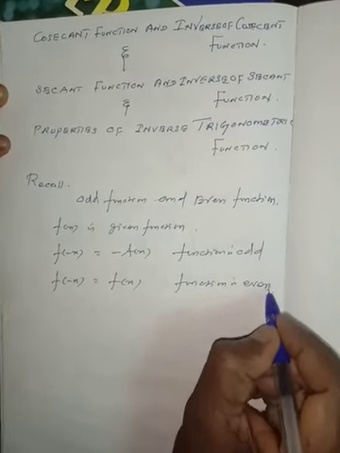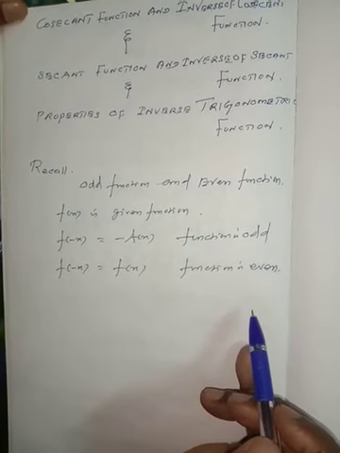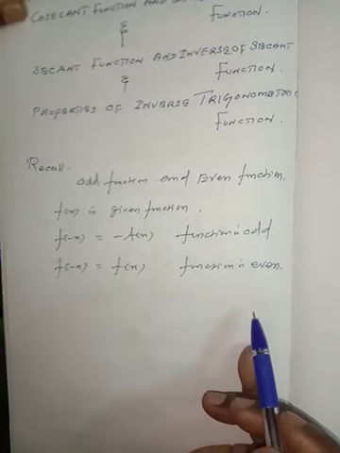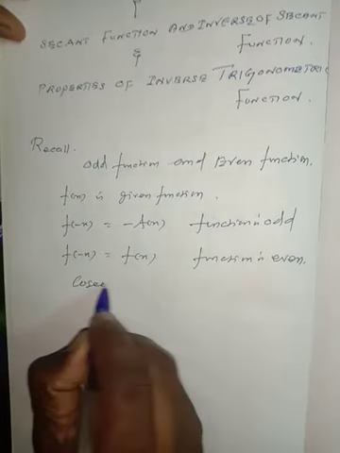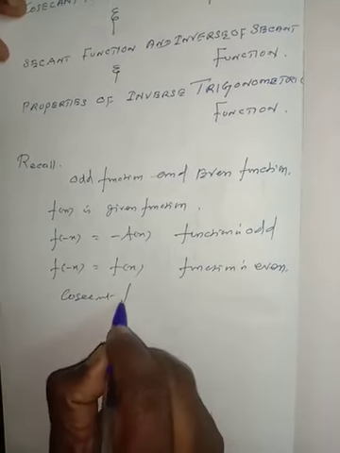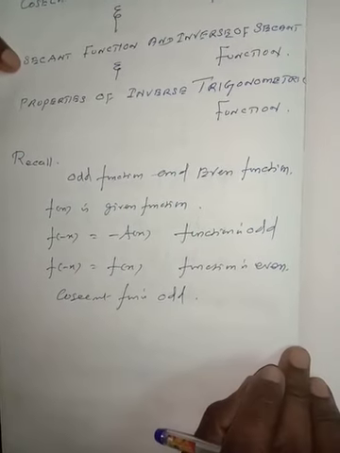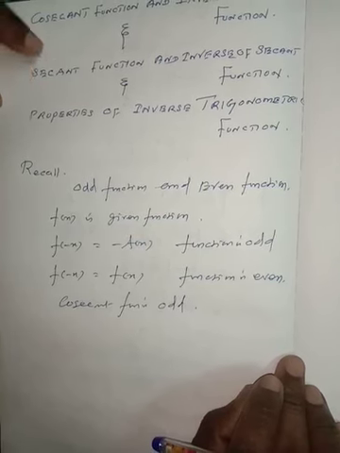In this case, sine's reciprocal is cosecant. Therefore, the cosecant function is odd. The reciprocal of the cos function is the secant function.